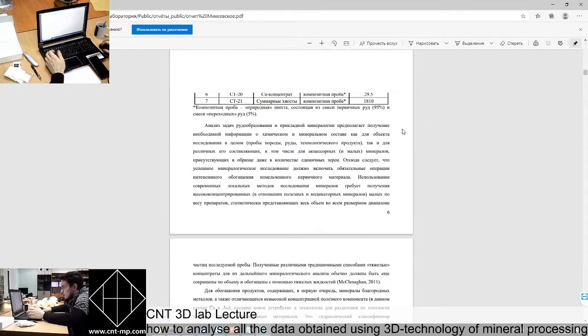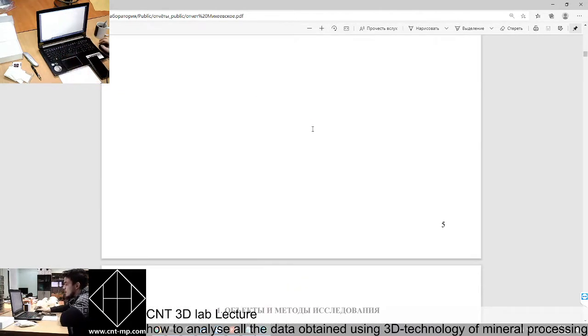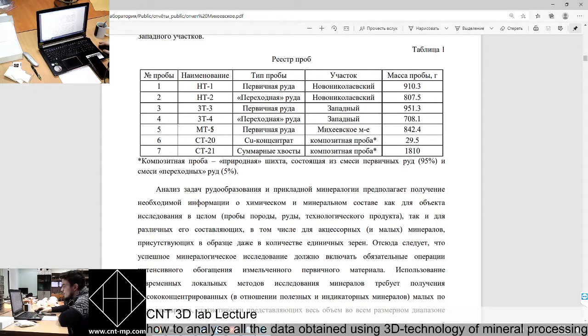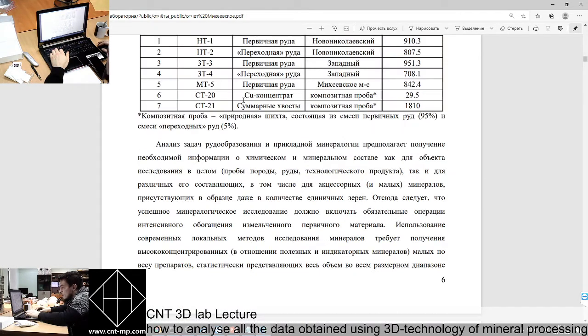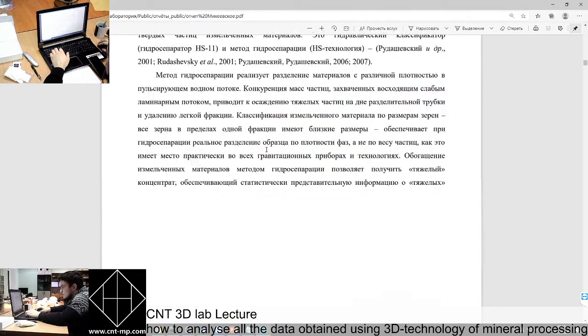So here you can see a standard report. There are 5 samples of source rock investigated, and additionally we investigated 2 types of flotation concentrate, to understand which minerals are harmful for beneficiation, and how to optimize the technological flow for receiving the conditional concentrate, and so on.